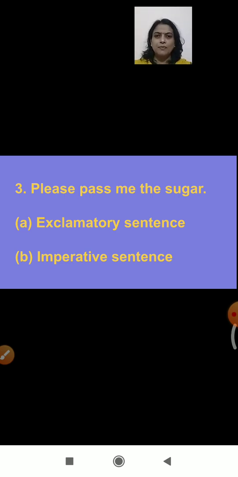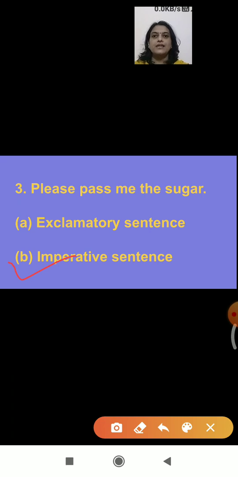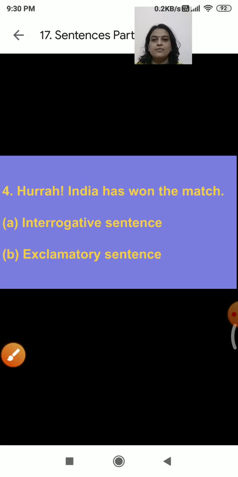When we use the word please, we are requesting something. So it will come under what? Exclamatory sentence or the imperative? Yes, it is the imperative sentence, right? It is the imperative sentence. Followed till here? Good.